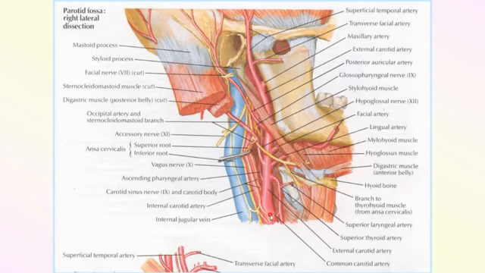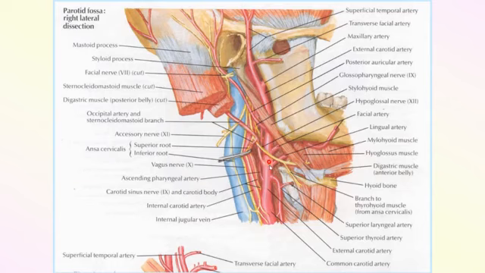So the external carotid artery, as it ascends, you'll find it in the carotid triangle, and as it ascends within that carotid triangle, it will exit the carotid triangle and pass deep to the posterior belly of the digastric, which has been cut. So here's the posterior belly of the digastric. You can see it's just gone.